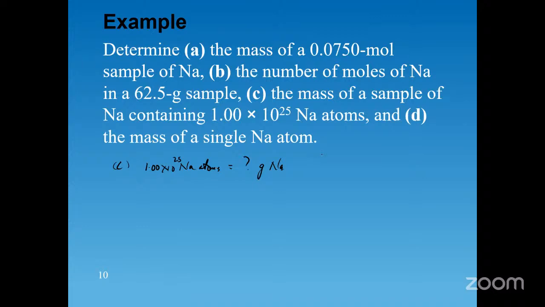So what I would do is I would set it up such that we can go from the number of sodium atoms to the moles of sodium atoms. And then from that, I would go to calculating the grams of sodium. So what this suggests is that you're going to need two conversion factors in series.